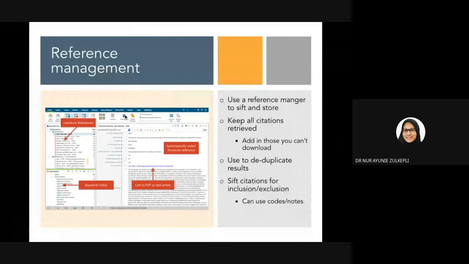If you're familiar with EndNote or Mendeley or any other reference manager, you can use it. It keeps all citations retrieved, instead of you just saving your PDFs in one folder and then finding it difficult to find them. Let's say you have 100, how would you find the article of your interest, right? So it is better to use a reference manager.